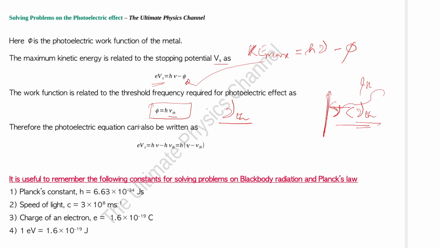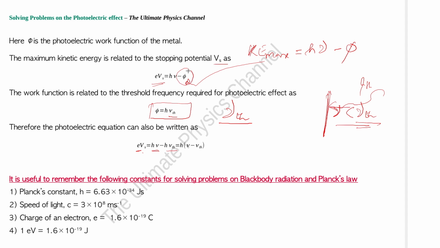Therefore, the photoelectric equation can also be written in terms of the electron charge e times Vs is equal to h nu minus h nu th.